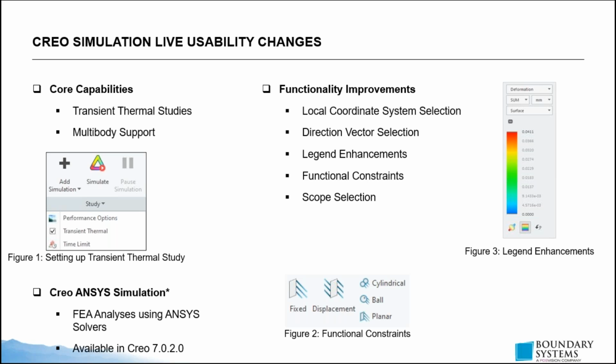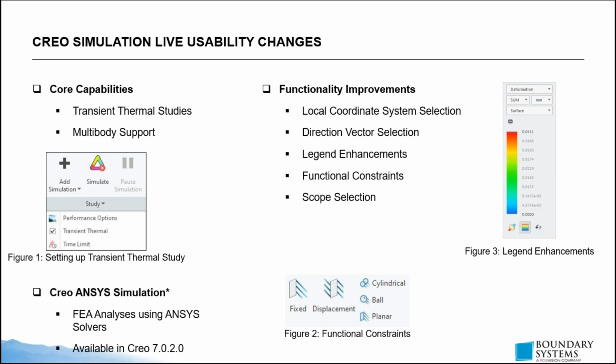So again, with the same computing resources you have, you can get much more accurate, much more focused results. The other piece of functionality that's been added, which we're not going to be able to show right now because it's going to be available in Creo 7.02, is the Creo ANSYS simulation feature. Essentially, that's going to be full-fledged FEA analyses, so you can think structural, modal, and also thermal analyses.